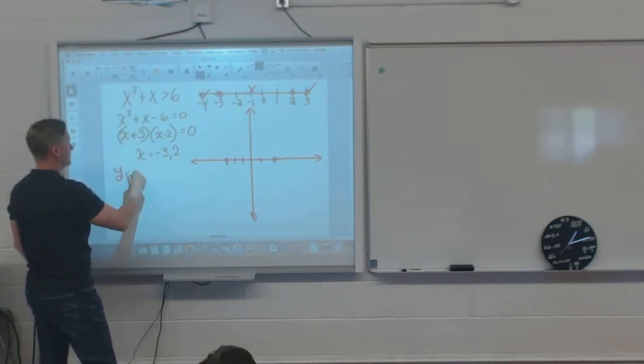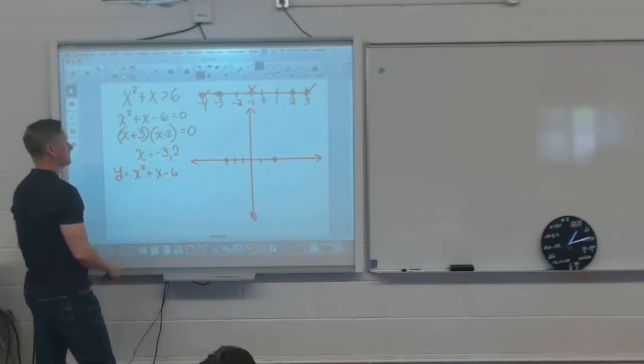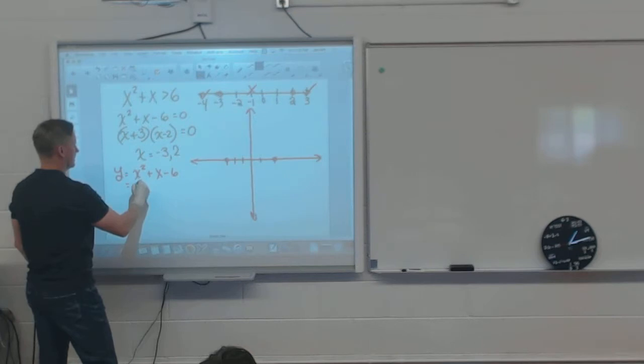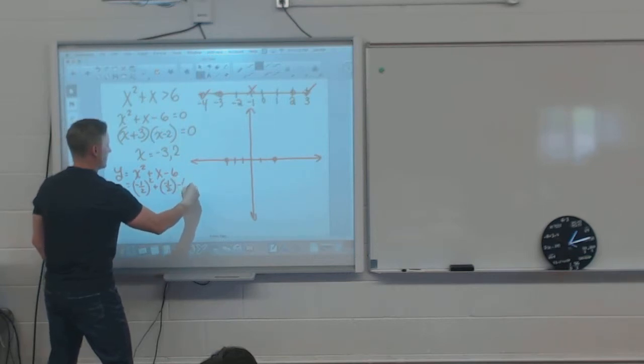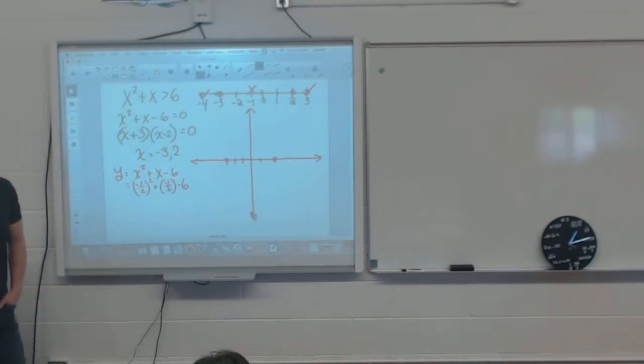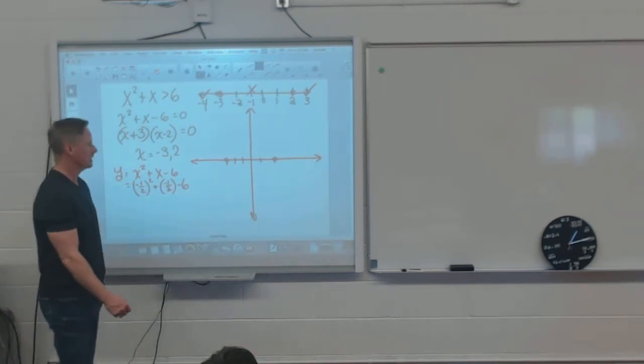So I have y equals x squared plus x minus 6 equals (-1/2) squared plus (-1/2) subtract 6. Okay? So I've got a quarter, subtract a half, which is -1/4. And then subtract 6, so that'd be -6 1/4.